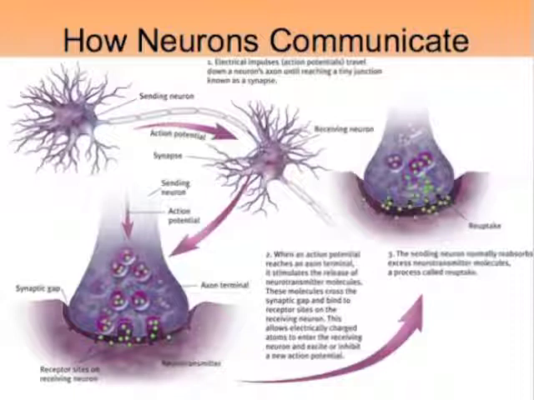Then the receptor sites on the receiving neuron will receive those neurotransmitters, and those neurotransmitters will start the process all over again on that neuron's axon. Okay? And then the sending neuron will reabsorb the excess neurotransmitter molecules in a process called reuptake.